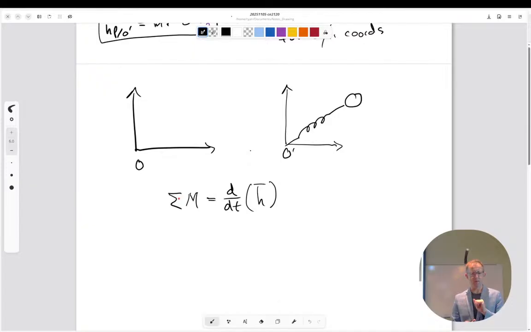Do you remember this equation, or does it ring a bell? Sum of the moments is change in angular momentum. This one, really, it's just restating Newton's law, because sum of the moments is R cross the sum of the forces, which is equal to R cross, really it's MA, but we'll just write it out here.